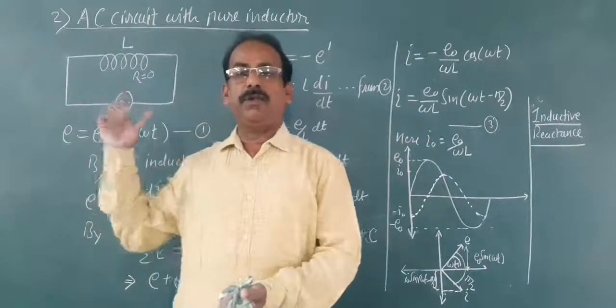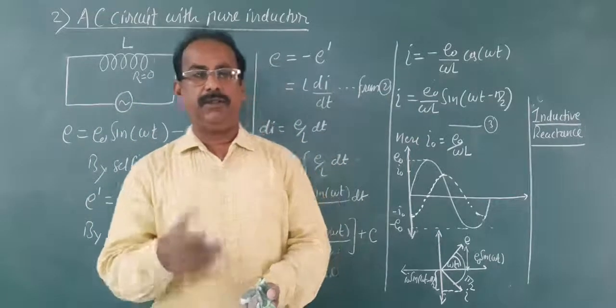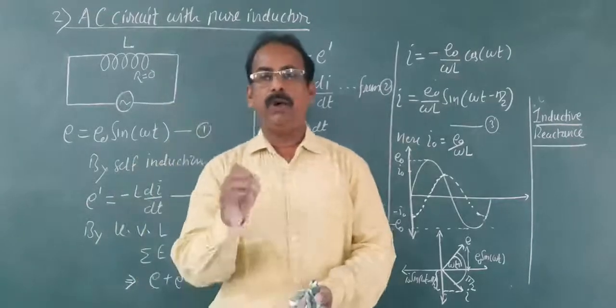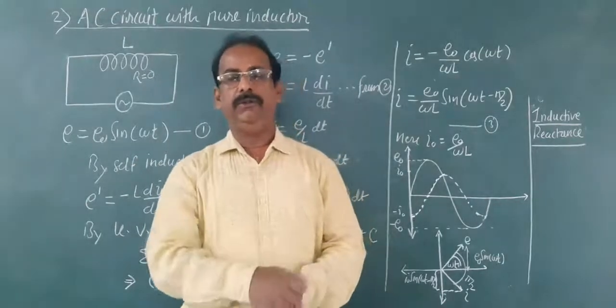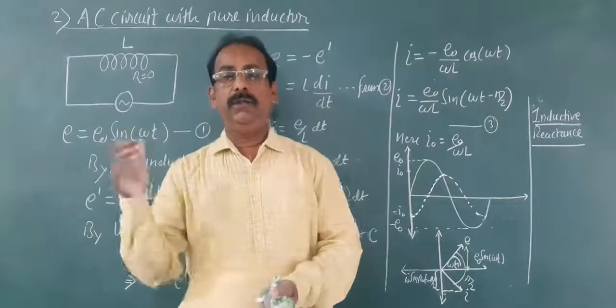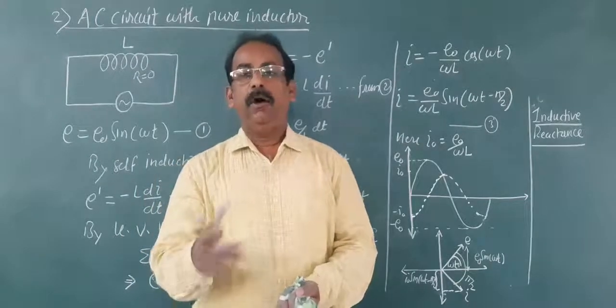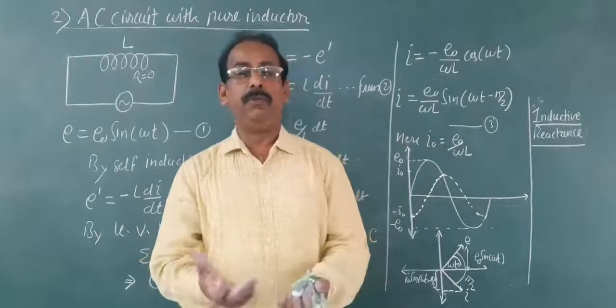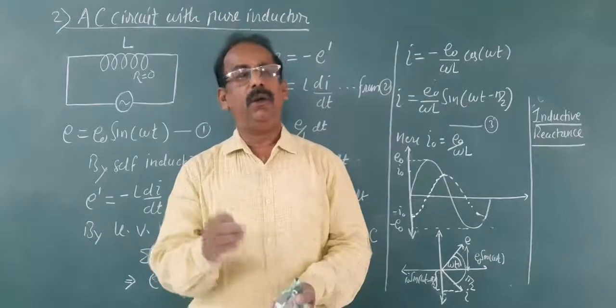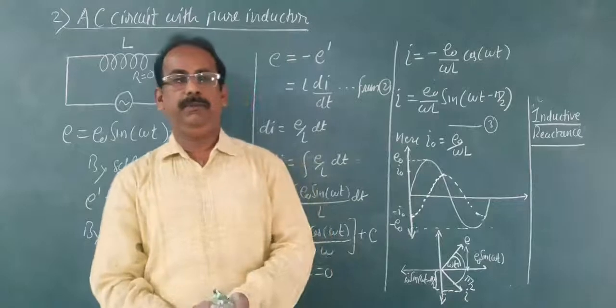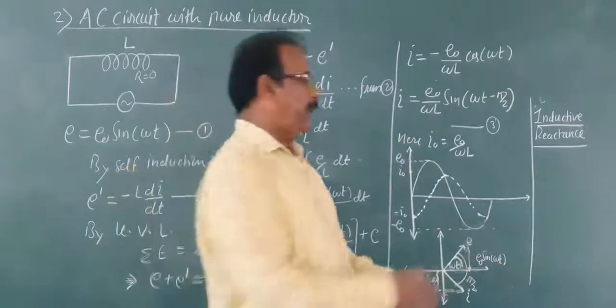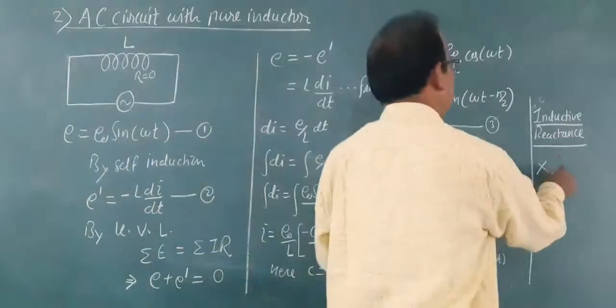The resistance offered by this inductor to the flow of alternating current is called inductive reactance. This inductor, due to its working, offers resistance to the flow of alternating current, which is called inductive reactance. Denoted by XL.